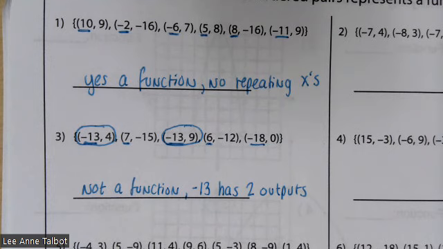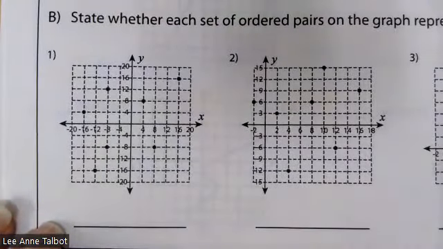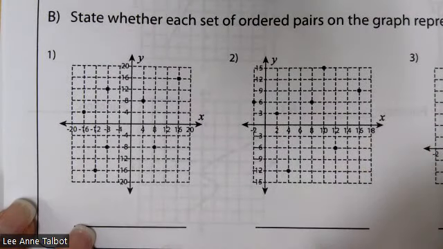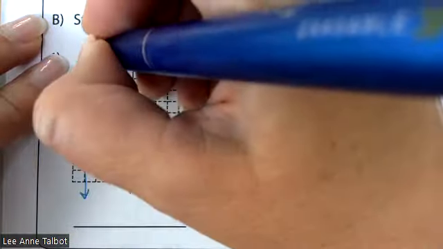Okay, scroll down to the bottom part. You guys remember the vertical line test? Okay, so we're going to draw vertical lines wherever there are coordinates.